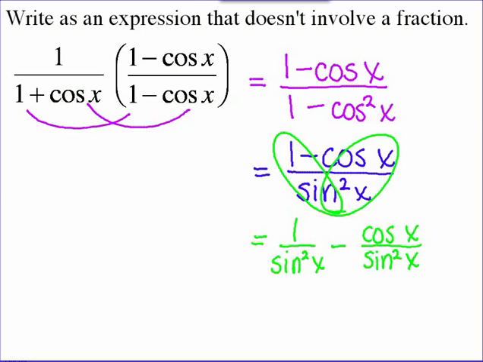Call that the bunny ears, because what you've done is you've divided each individual term by that. So the first fraction equals cosecant squared.